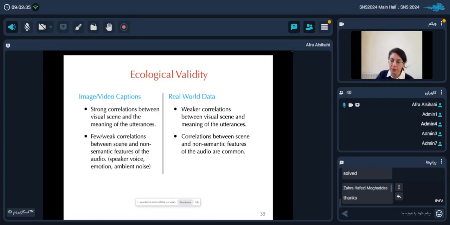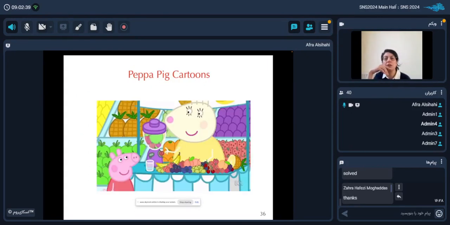So one thing that we thought might be a good place to start was children's cartoons. The ones that we used as our first attempt were Peppa Pig cartoons. I don't know if people in the audience know these cartoons.